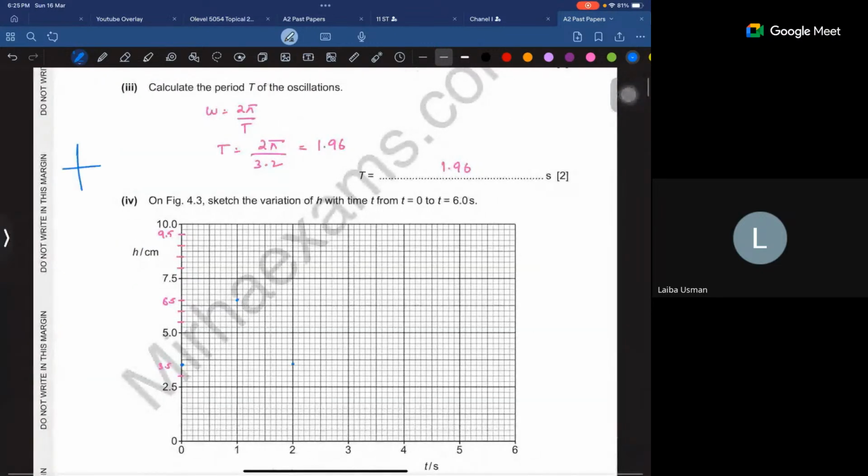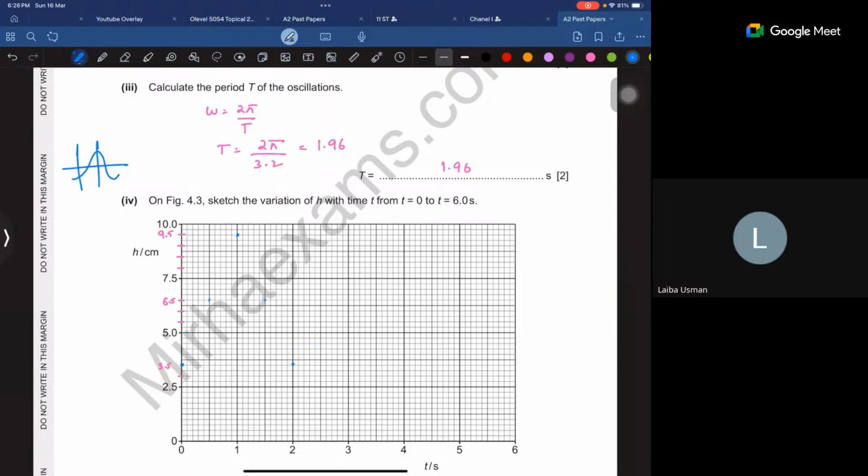It makes a cosine curve, you know. Half of the wave, it has to be at 9.5 actually. So I think it would go somewhere here like this, and this should cross at 6.5 in the middle.